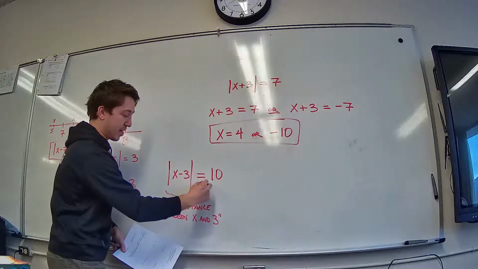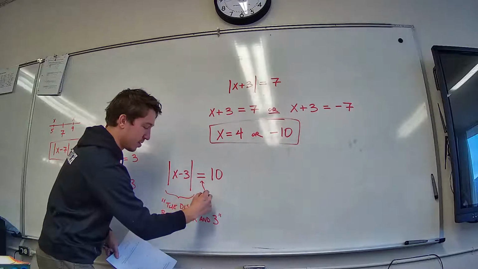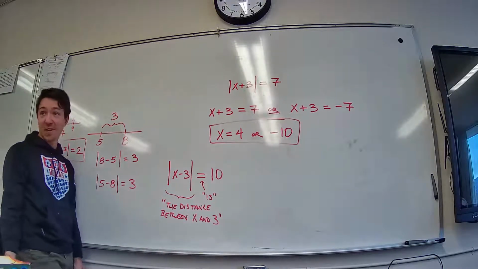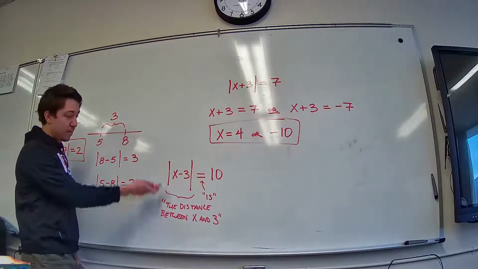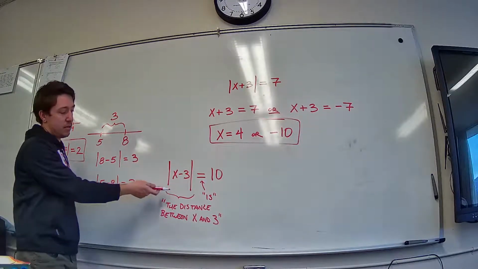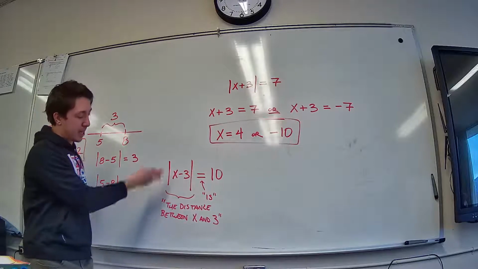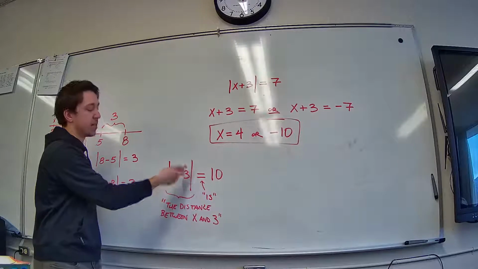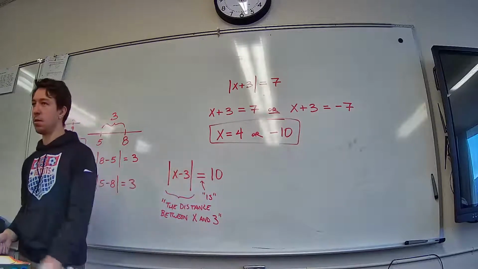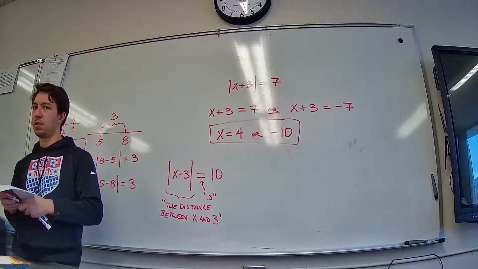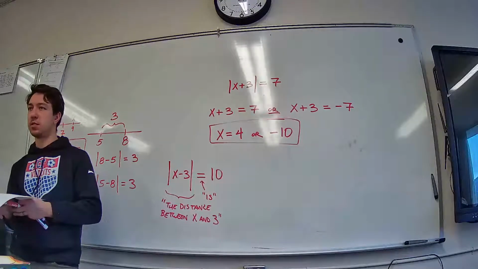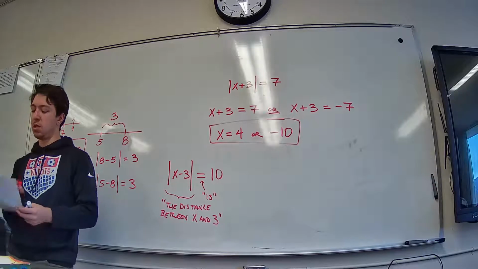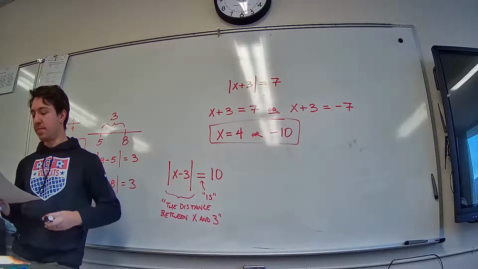What does this symbol translate into? Is, right? Equals means is. So the absolute value lets us talk about the distance between these two quantities, and then the equal sign says is, and then we get 10. Do we feel like that makes sense? Sure? Okay, we can move on.